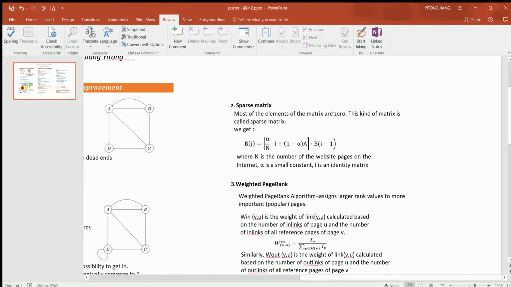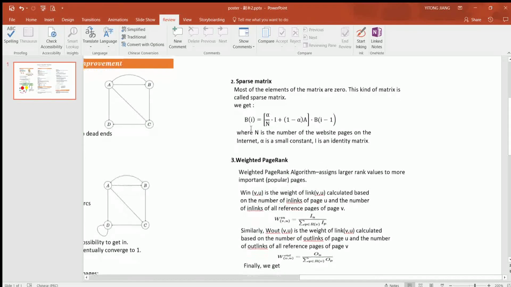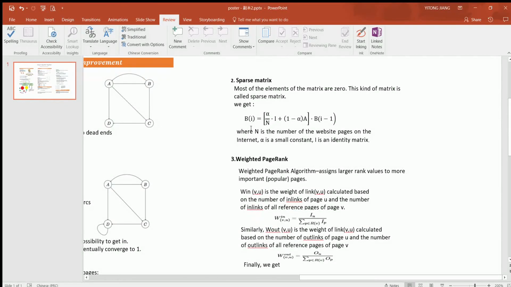The second one is the sparse matrix. This one makes use of the properties of a sparse matrix. What is a sparse matrix?